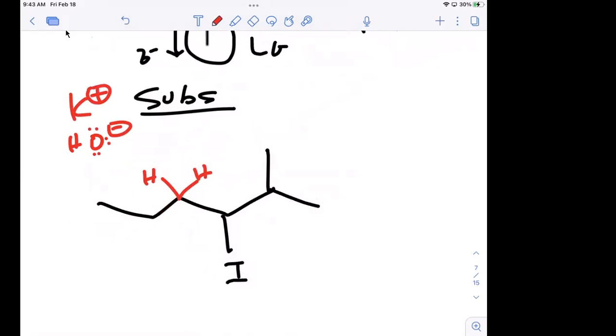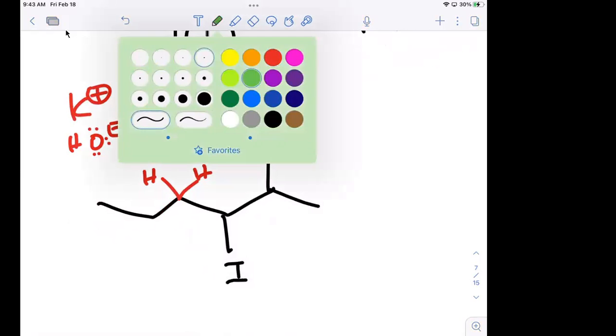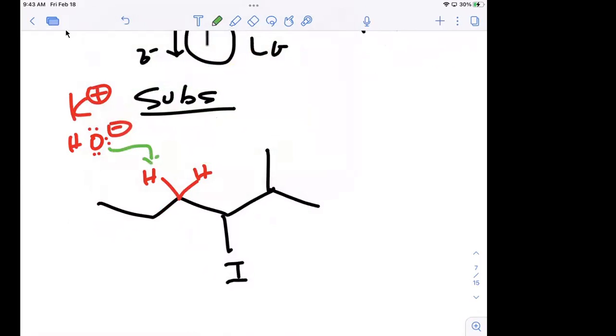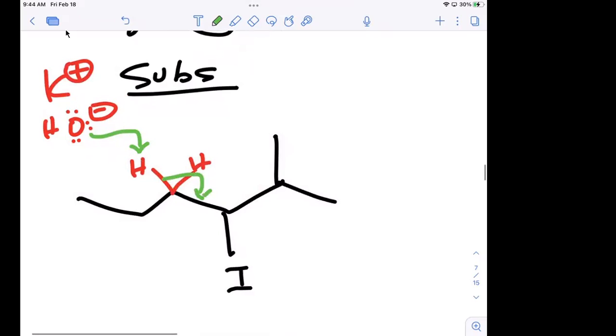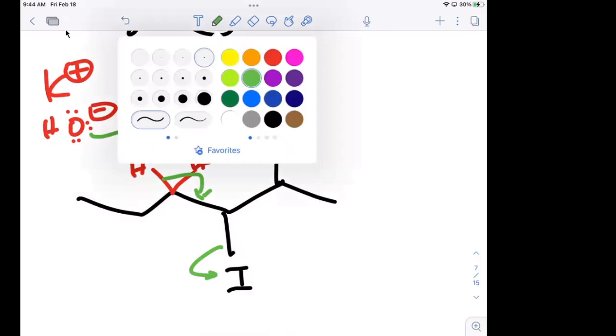So what happens, this is coming here. It's going to attack one of these protons. Both are equivalent, so it doesn't matter which one it attacks, as long as it's anti-periplanar relative to the leaving group. This pair of electrons is coming here. And then I'm going to kick off iodine, which, let me put some electrons on that.